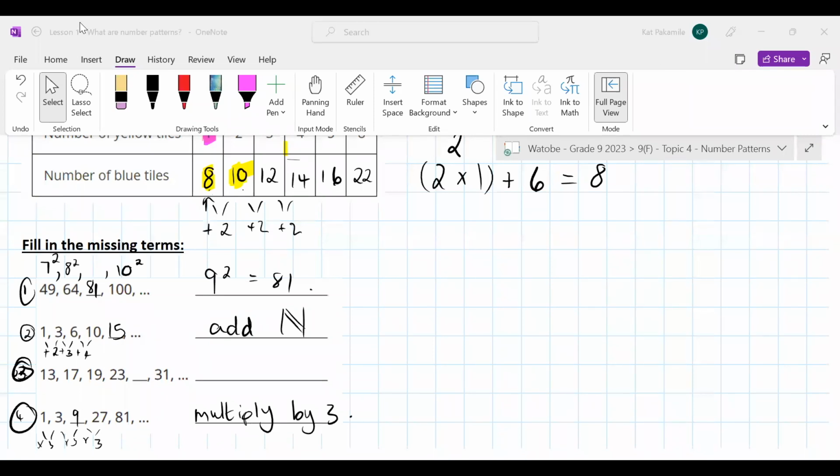Okay, so we're back on number 3. Tapan says add 4, then 3 for number 3. Okay, but you need to test it for the whole sequence. Is it working out? Boniswa? Hello, ma'am. Hello, do you see a pattern in number 3? Yes. Okay, let's hear it.